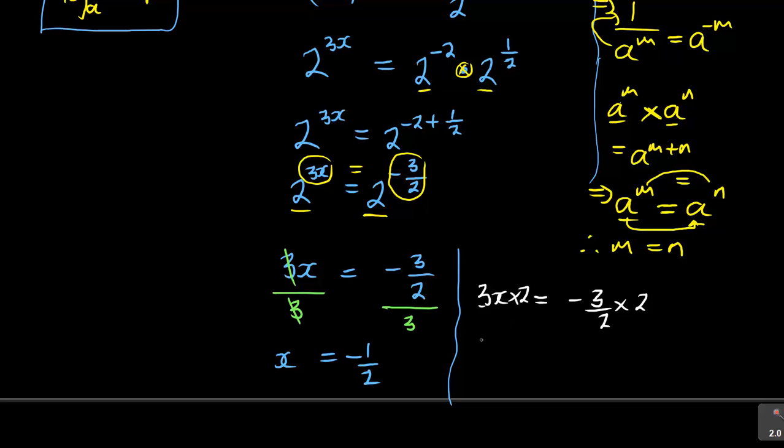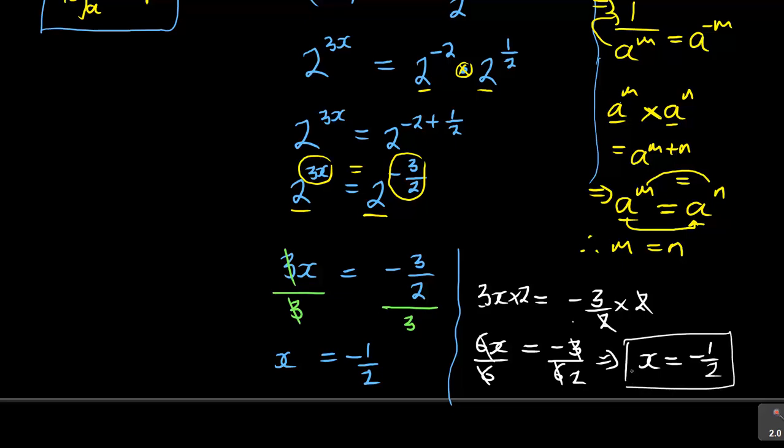Now 3 times 2, which is 6x, is equal to, so you get rid of that fraction, which is minus 3. Now see, it's flat, no fraction. Then you can simply divide by 6, such that now what you're having is x is equal to minus 3 over 6, 3 into 3, 1, 3 into 6, 2, which is negative 1 over 2.